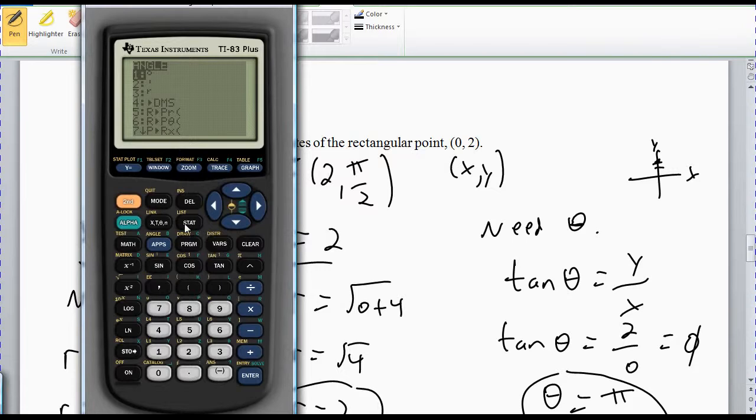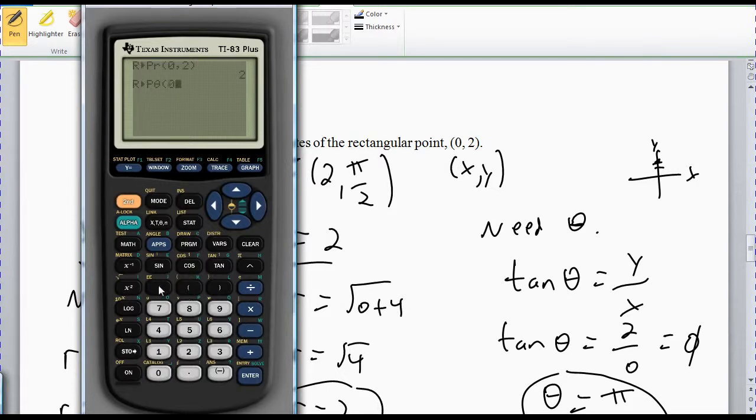So I'm going to hit 5, 0 comma 2, close. Now the mode doesn't matter for my r, because I get the 2.